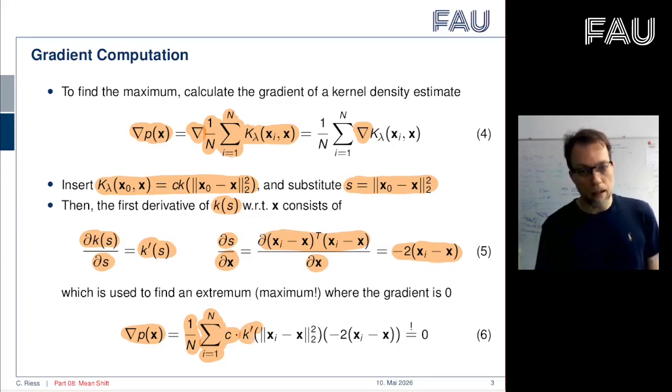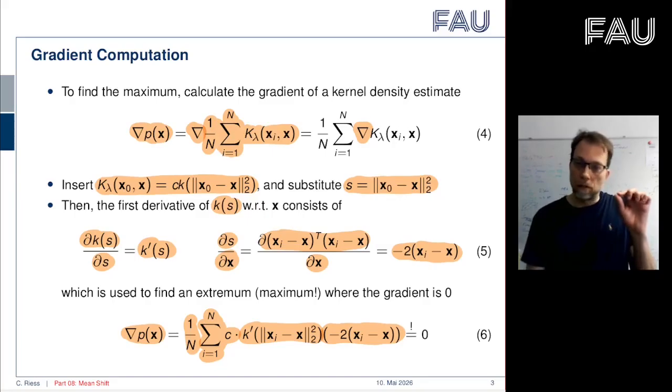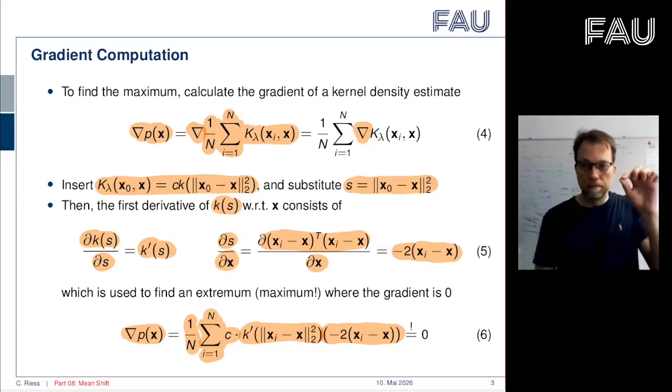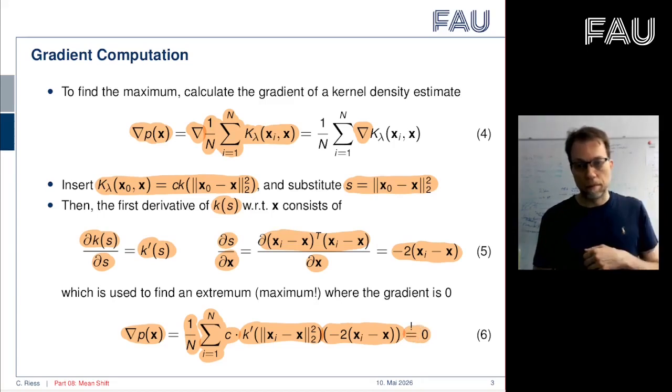But here we have the derivative of our kernel profile times, now chain rule applied, minus 2 times xi minus x. Yeah? So this is the gradient at position x. And in order to get to a maximum, we have to set it equal to 0.